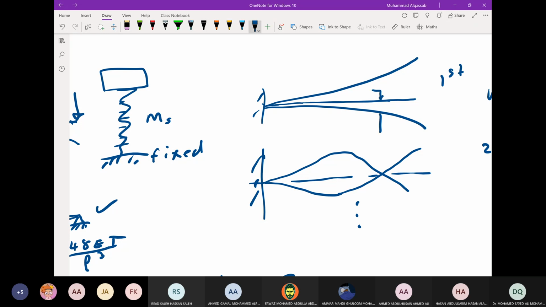The shape is y as a function of x, where x is moving along the beam and y is the deflection.